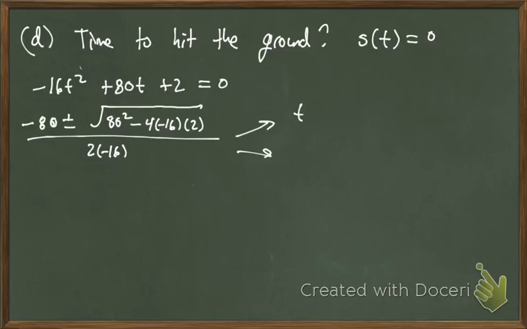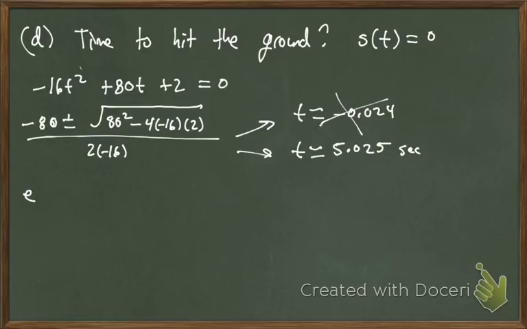I'll put that in the calculator, and we get t is approximately negative 0.024, and t equals 5.025. We're not doing any time traveling, so we're going to throw out the negative value for time. So when this object hits the ground, it's just slightly over 5 seconds after it was launched.